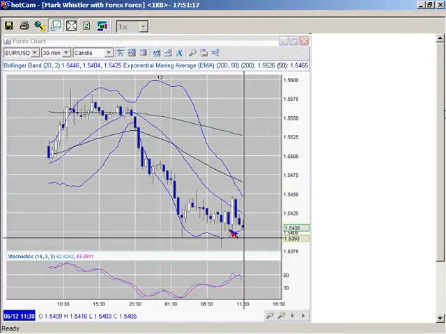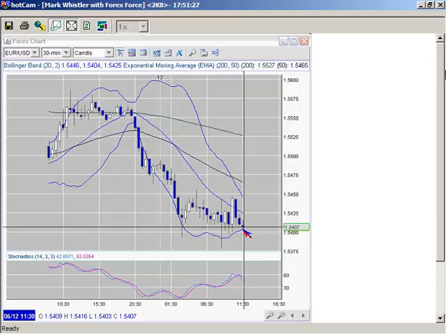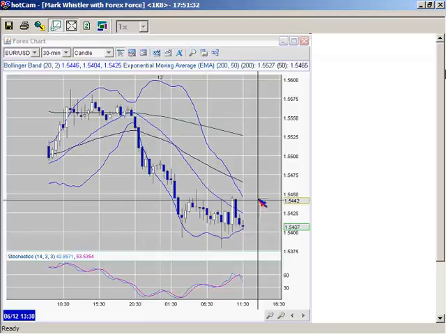While we're in this channel, and as long as we haven't broken support, the best thing to do, and the best traders in the world actually know when not to trade versus when to trade, is that instead of trying to trade this little reversal here, we would just sit on our hands.